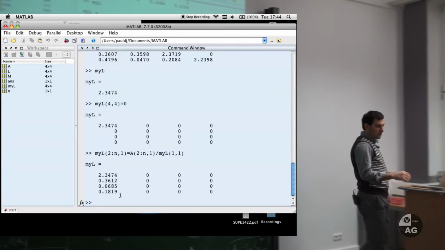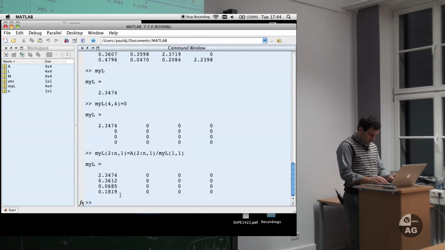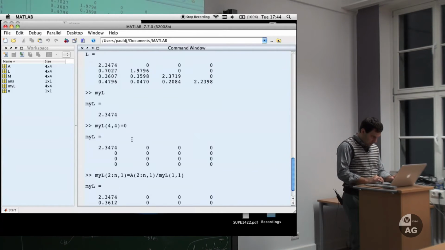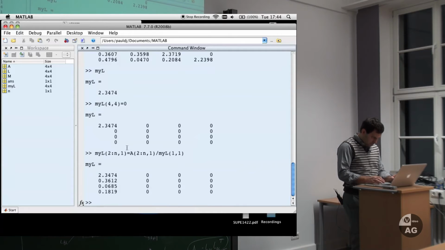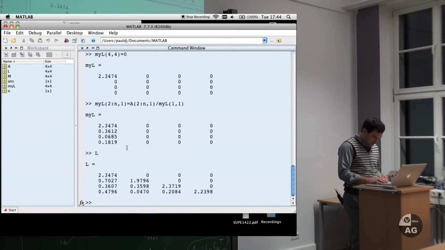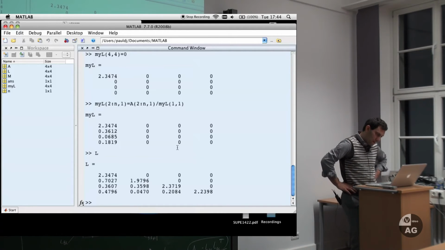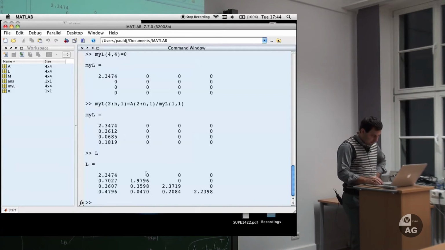Let's see if MATLAB is doing the same thing. Yeah, we can see it already. No, we cannot. Shouldn't it be double backslash instead of the forward slash? Ah, really?